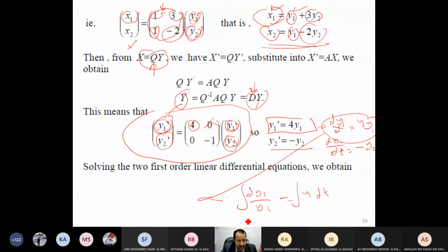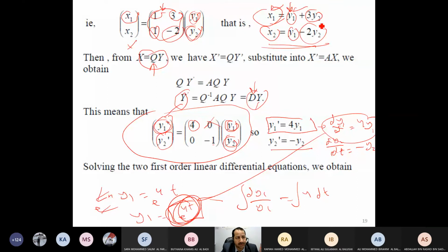If I integrate, this will give me ln y1 equals 4t. And if I take the exponential on both sides, y1 will be e to the 4t. This is the solution. I got y1.